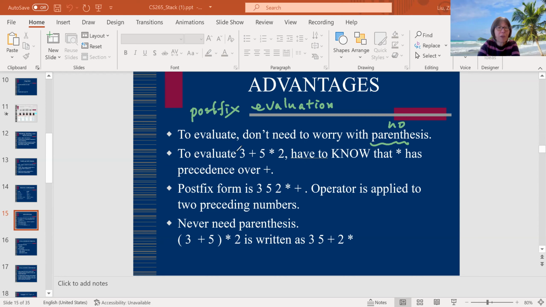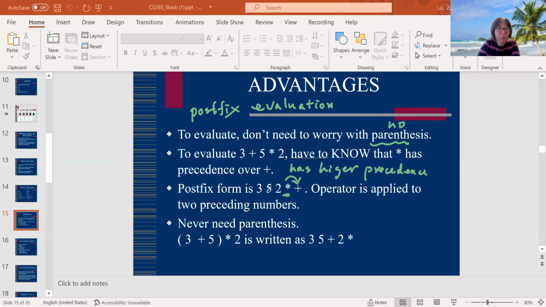If we want to evaluate this, we must know that this operator has a higher precedence over plus.